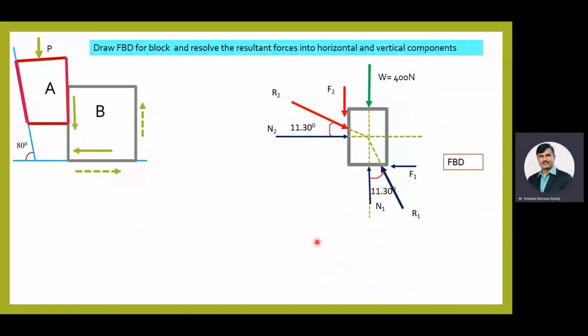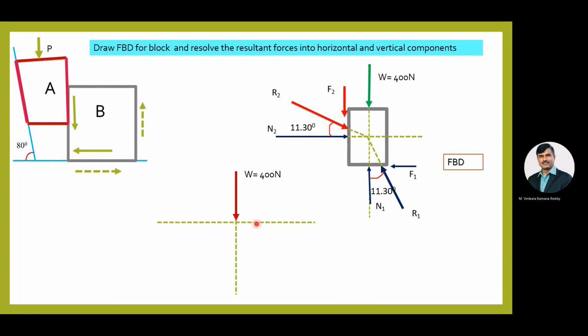For our convenience, we'll draw the axis of the block as well as the weight of the block and two resultant forces acting on the block. Here, this is the weight of the block, say 400 Newton, and R1 is making an angle 11.30 degrees with the vertical.